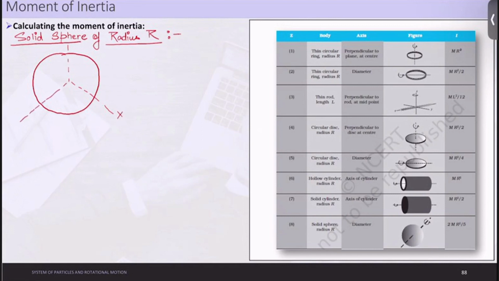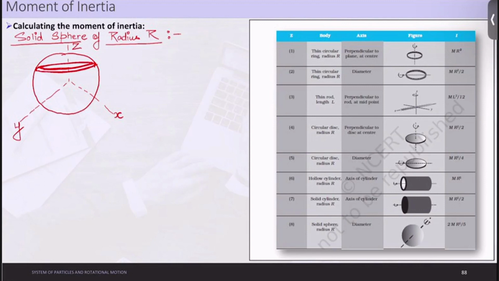Let us say this is your x-axis, so that the diagram can be understood as some sort of sphere, because it is quite tricky to make a circle and assume that concept to be a sphere. So let us assume we take a very small mass dm, right?